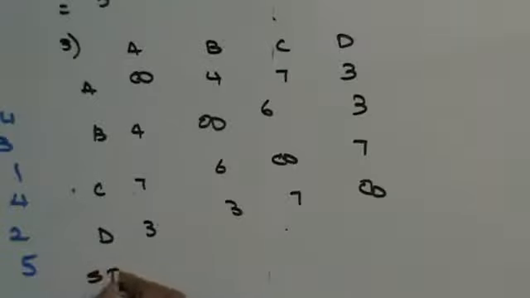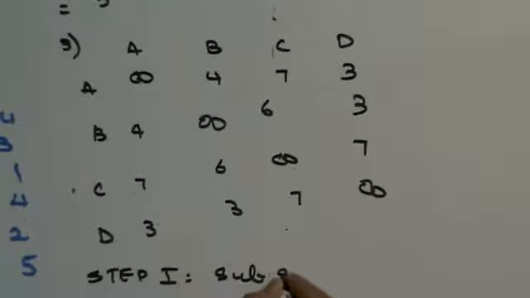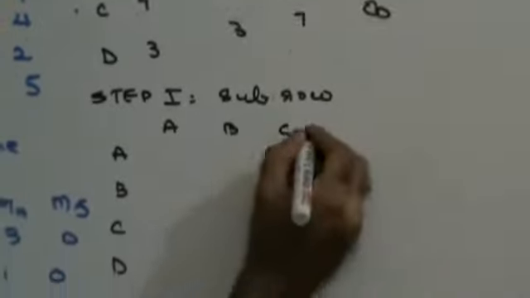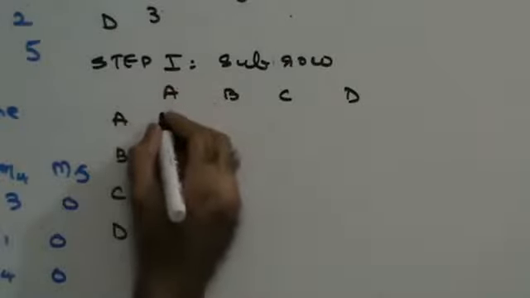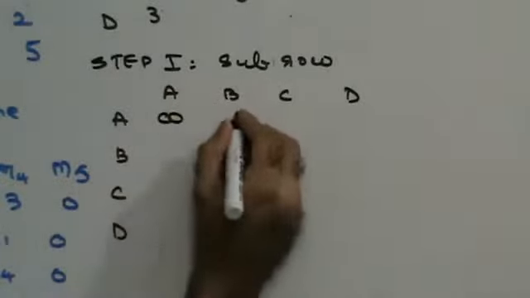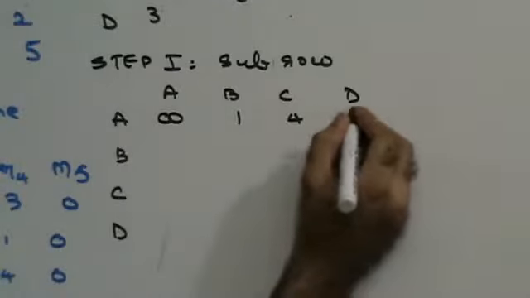Step 1. Subtract row. So you have A, B, C, D. Now remember, infinity is an extremely large number, right? Smallest element in the row is 3. So this is going to be infinity, 1, 4, 0.